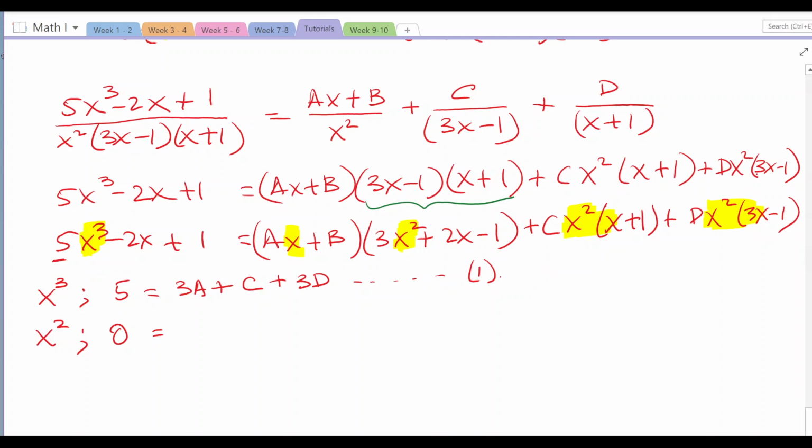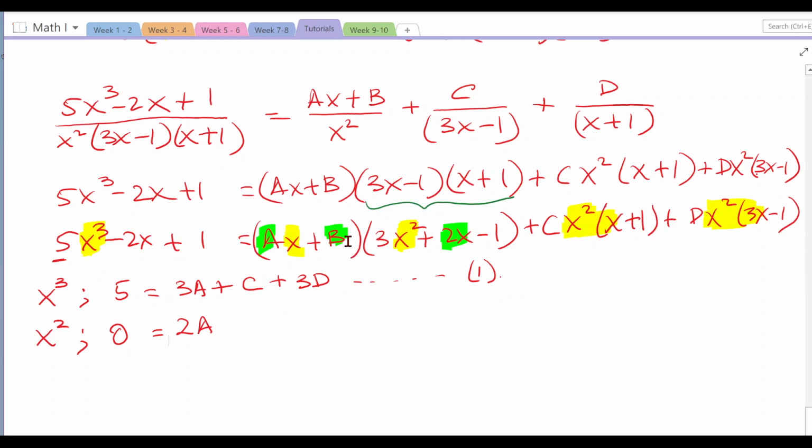We have a, ax times 2x, so we have 2a for the first one.